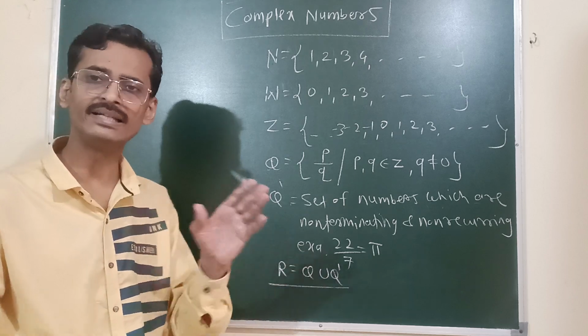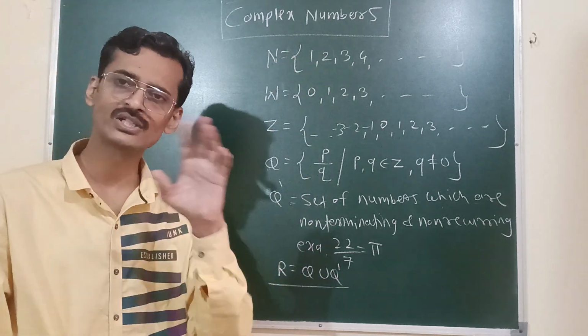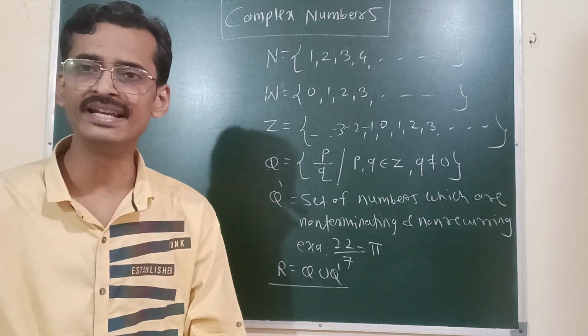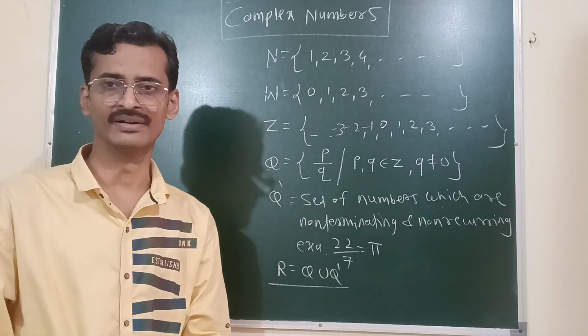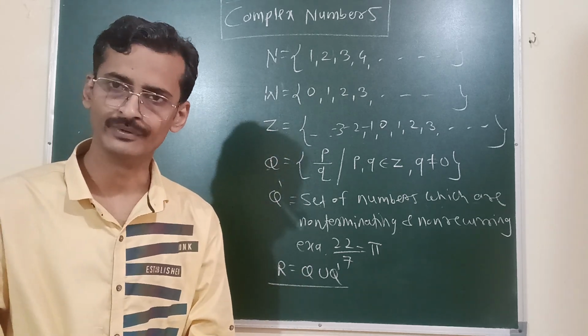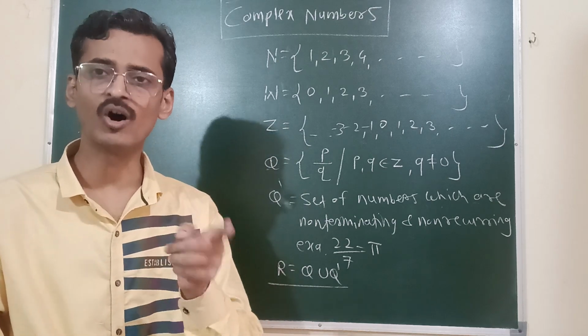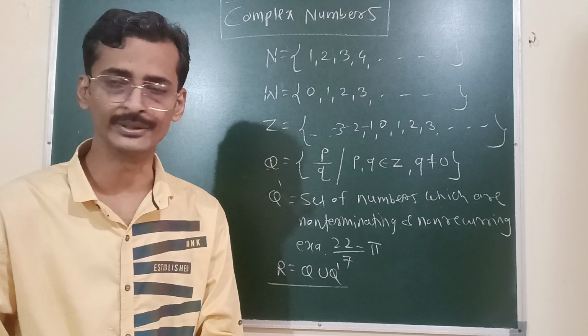So till 10th standard we have studied these numbers, and all the numbers which we know are real numbers. But there is one property of real numbers: the square of a real number is never negative. Either it is positive or 0. Like 0 square is 0, but it is non-negative.